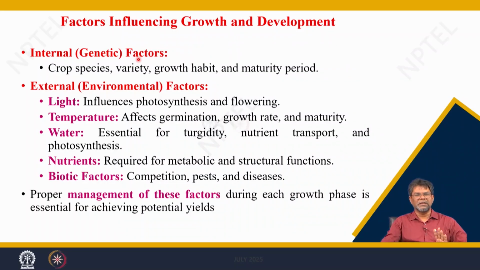With a particular plant, the external factors that mainly influence growth and development are light, that is solar radiation, which influences photosynthesis and flowering; and temperature, because radiation leads to temperature, and temperature affects all the developmental phases, that is germination, the appearance of flowering, and maturity. It also regulates the growth rate, how much growth can happen.